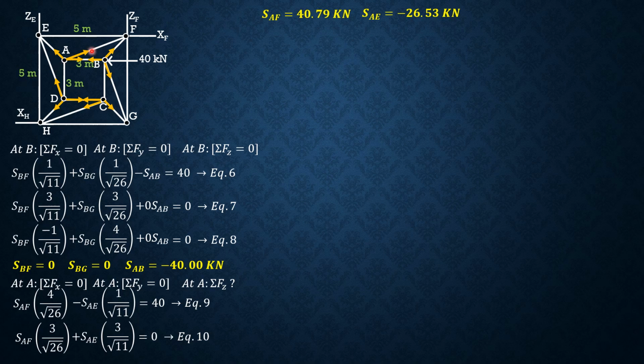So AF is in the negative direction, so negative 40.79 times 1 over square root of 26. Then AE is also in the negative direction, but it's negative, so minus negative 26.53 times 1 over square root of 11. And no more. So compute that. That's almost 0. So therefore, it's okay. Then we proceed to joint E.